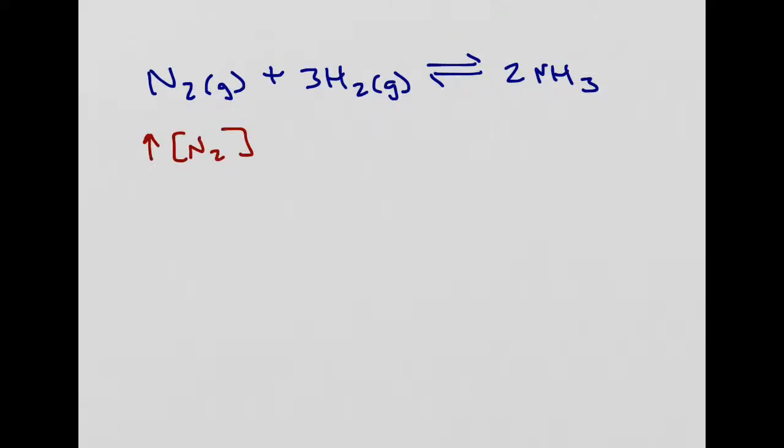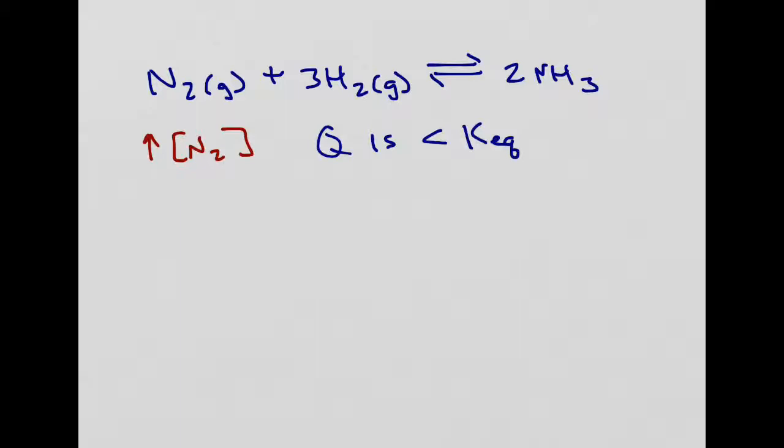So if I decide to increase the concentration of the N2, in order to come back to equilibrium, we're going to have to make sure that this whole system shifts in the direction of the products, going in this direction. Because in that case, if I increase the concentration of the N2, you're going to have a Q which is less than the Keq. All right, the Q is less than the Keq.